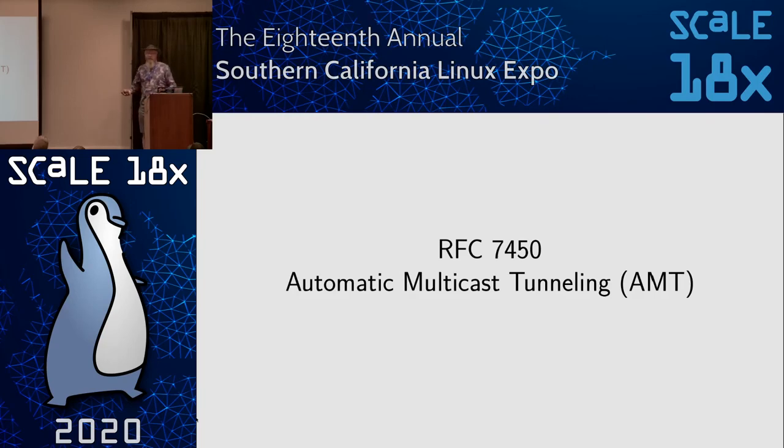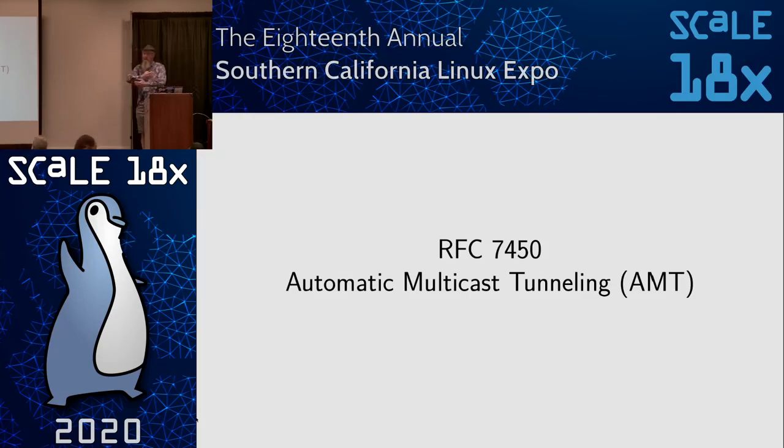As an ASN, as an autonomous system, if you run your own ISP essentially, then you have certain tunneling things available to you, like RFC 7450, which is automatic multicast tunneling. It works a bit like the M-Bone did.